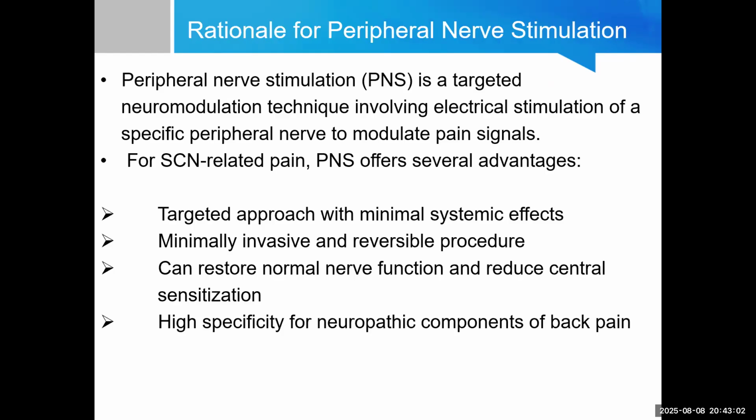It is a targeted neuromodulation technique involving electrical stimulation of specific peripheral nerves to modulate pain signals. For superior cluneal nerve related pain, it offers several advantages: it is a targeted approach with minimal systemic effects, it is minimally invasive, it can restore normal function, reduce central sensitization, and has high specificity for neuropathic components of back pain.